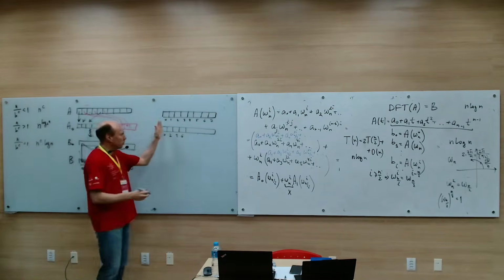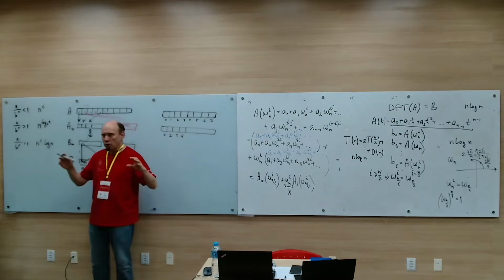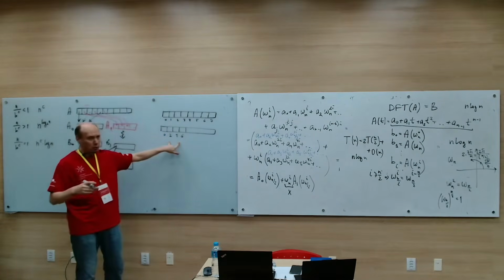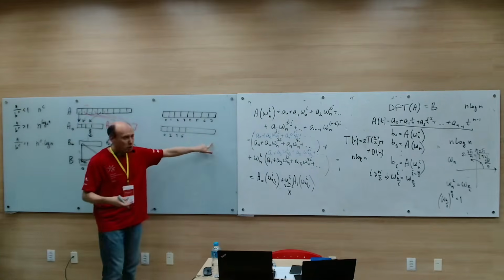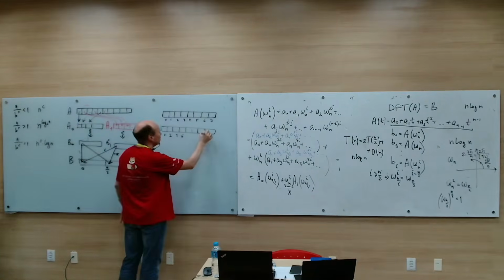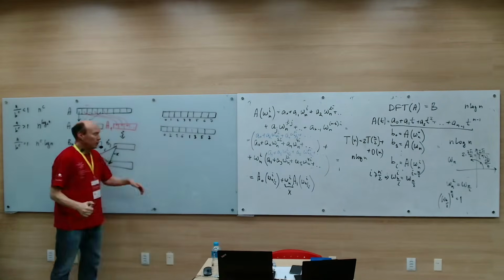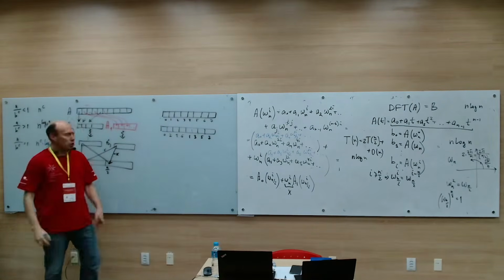So for this purpose, we will just rearrange the numbers in a way so that even indices go first, odd indices go next. That would be 1, 3, 5, 7.